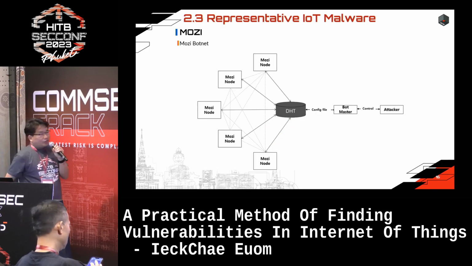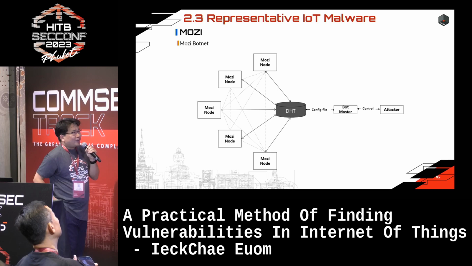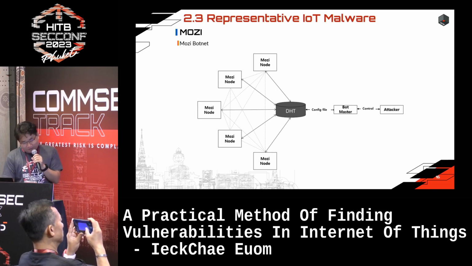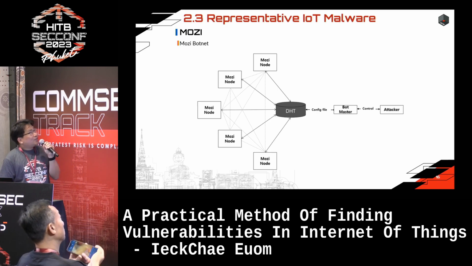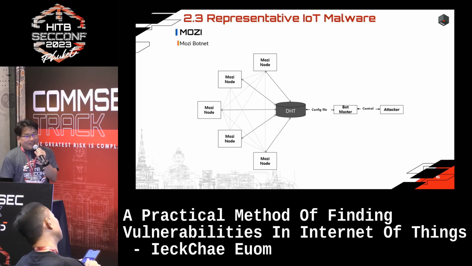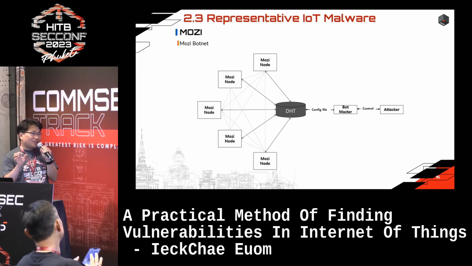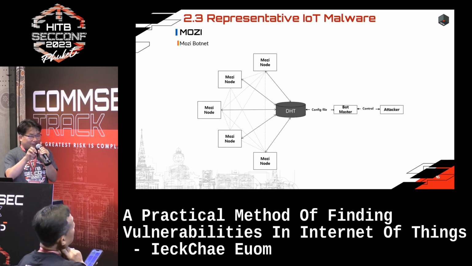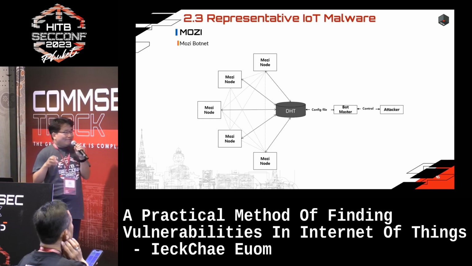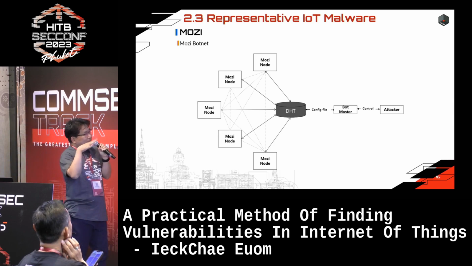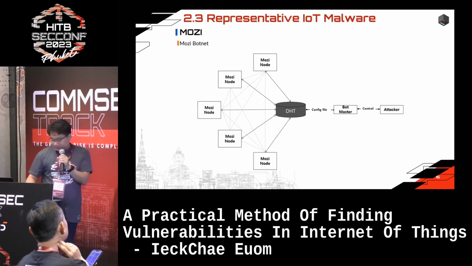And last year there was a famous botnet called Mozi. The Mozi botnet is similar to the Mirai botnet, but it uses blockchain nodes, so it can evade some blocking mechanisms.